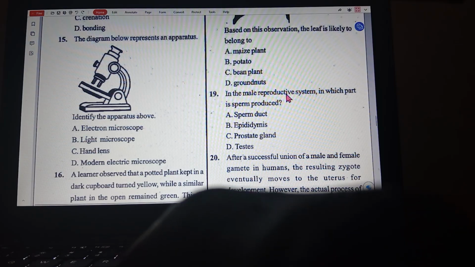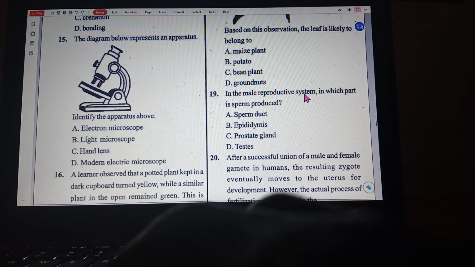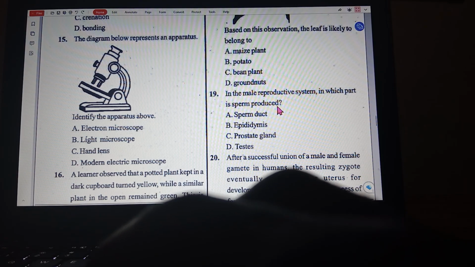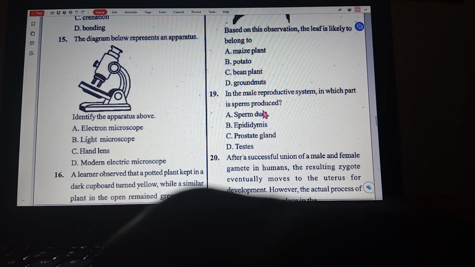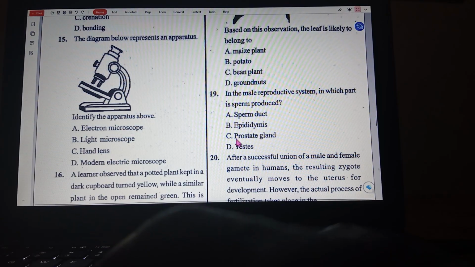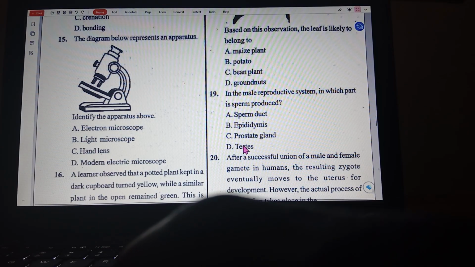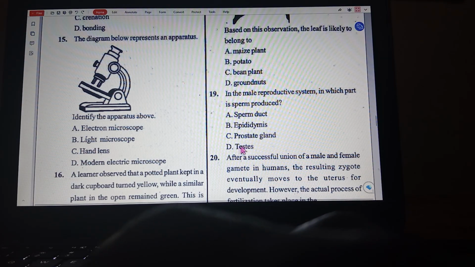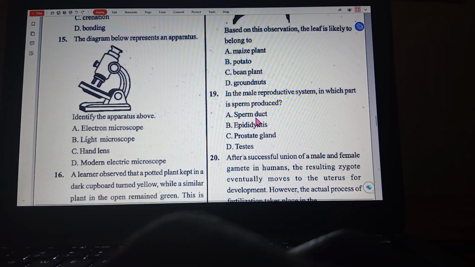In the male reproductive system, that's question 19. In which part is sperm produced? The sperm is produced in testes. Are we together? The sperm is produced in testes. So the answer is D. Now let us look at the function of other parts.